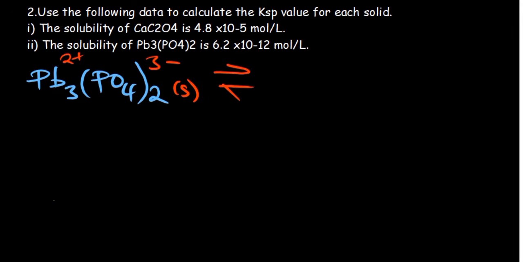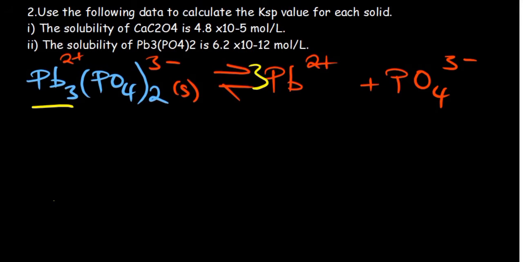Okay, so Pb is the red metal, and it's going to have a 2 plus, and then we have phosphate, which is going to have a 3 minus, and then of course the coefficients are going to depend on the subscripts. So what is a 3, and then that is a 2 for a phosphate.